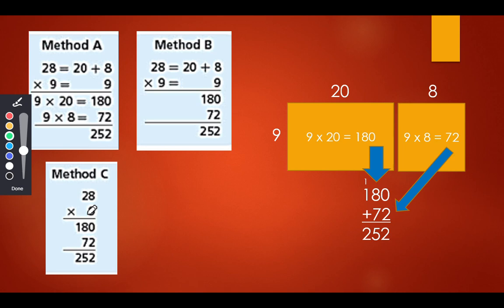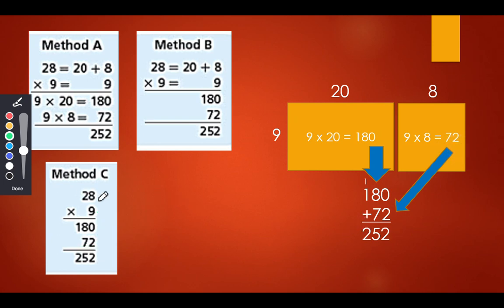I'm just going to do 9 times 20 equals 180. And here you go. 9 times 20 equals 180. And then I'm going to do 9 times 8 equals 72. And that's right here.